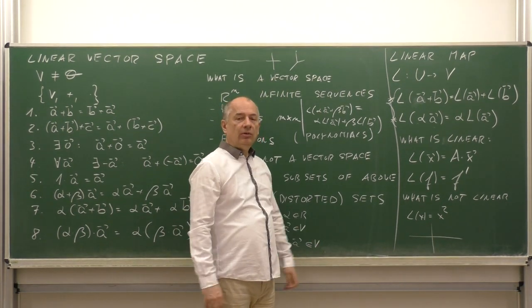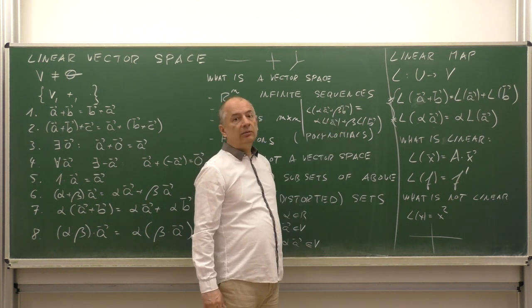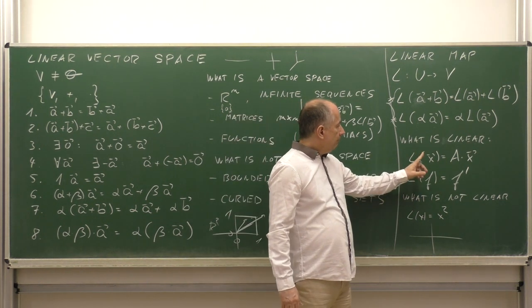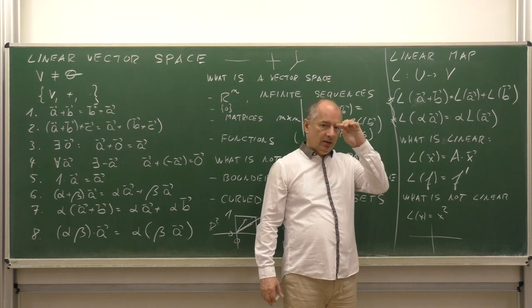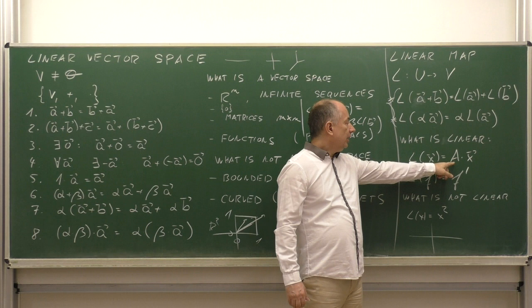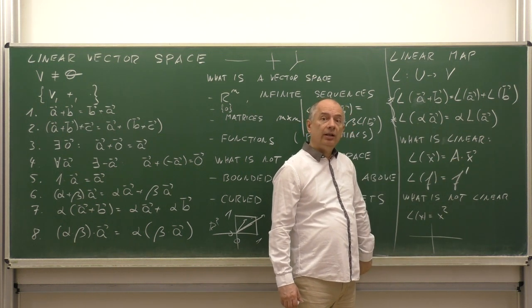And once again, let's have a look at a few examples of maps that are linear and that are not. So, multiplication by a scalar is a linear map. Multiplication by a matrix is again a linear map.